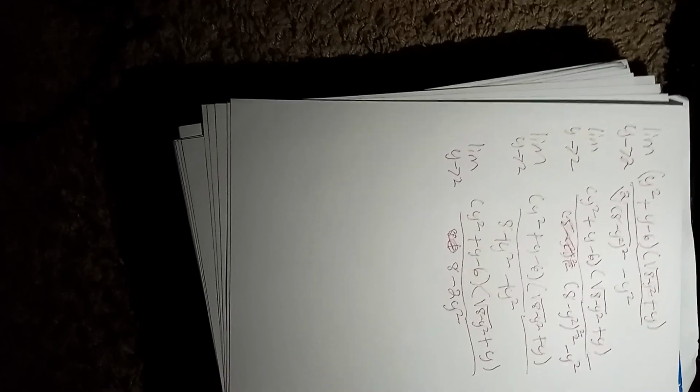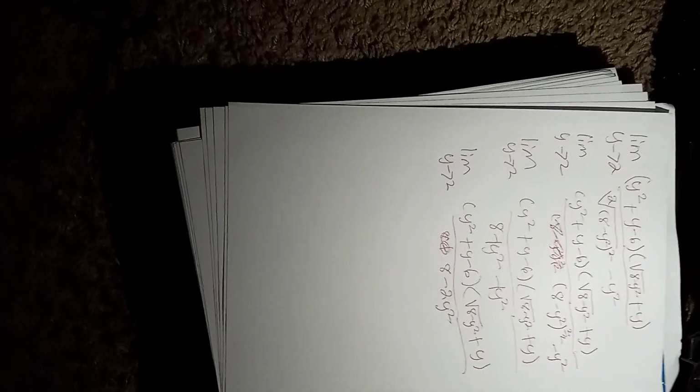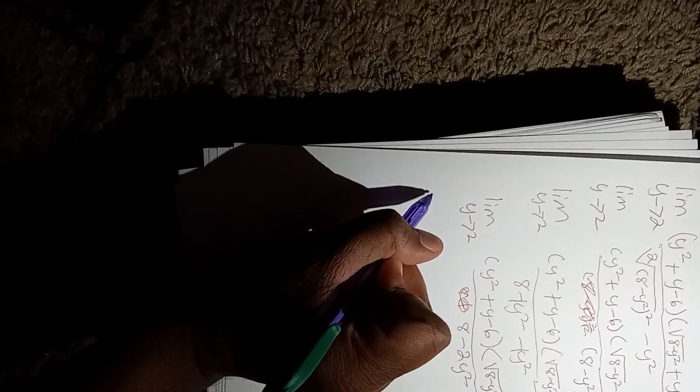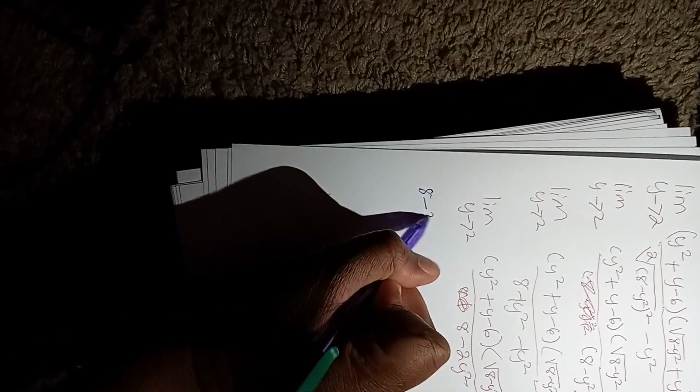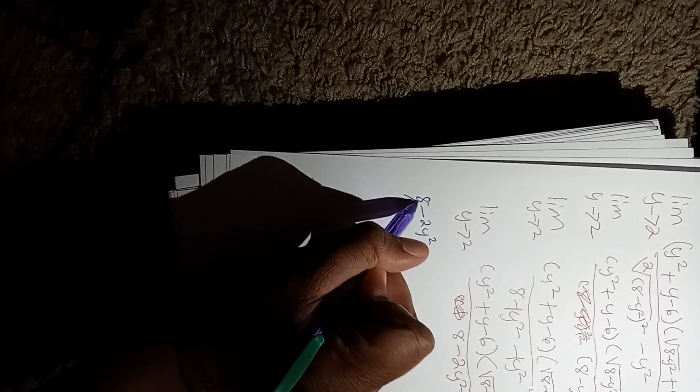And now we can factor the denominator. So 8 minus 2y squared.